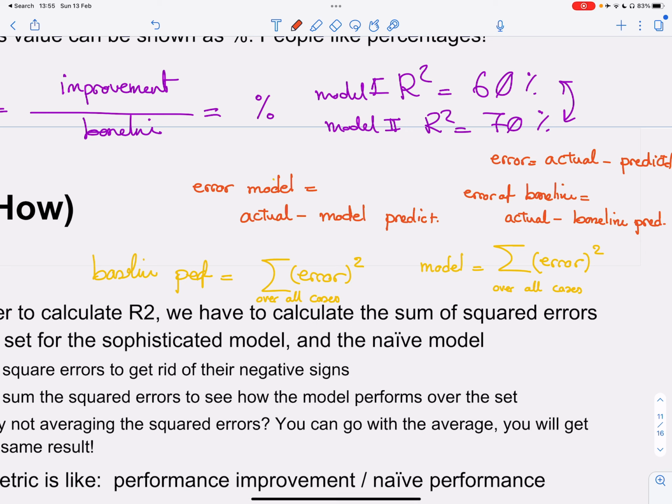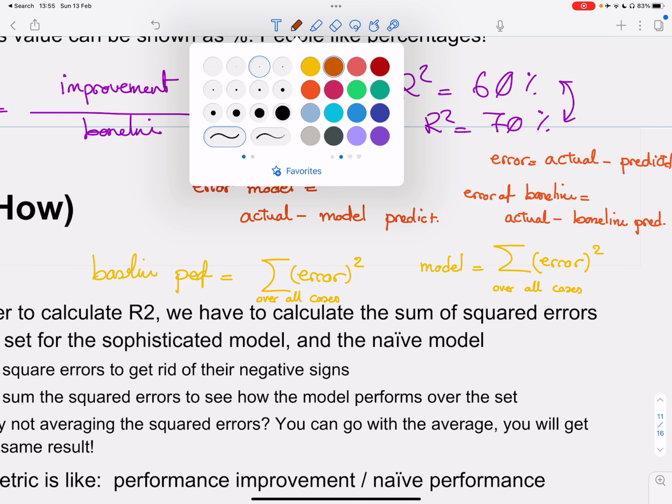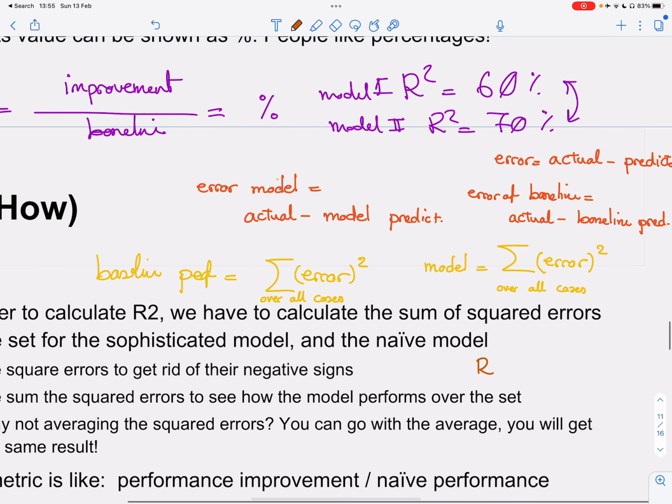Okay, so it might seem confusing, but it's quite straightforward. In order to calculate the R squared, you need to calculate the baseline performance and the model performance.